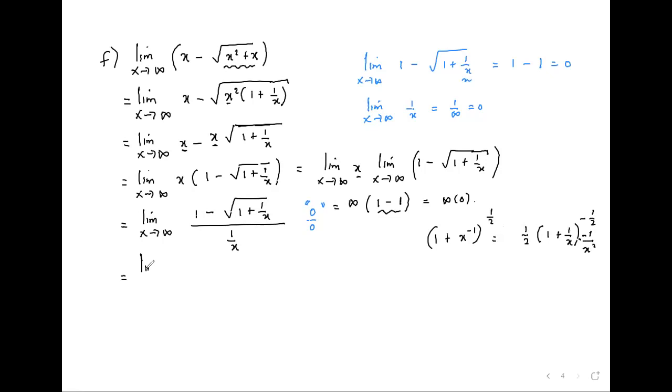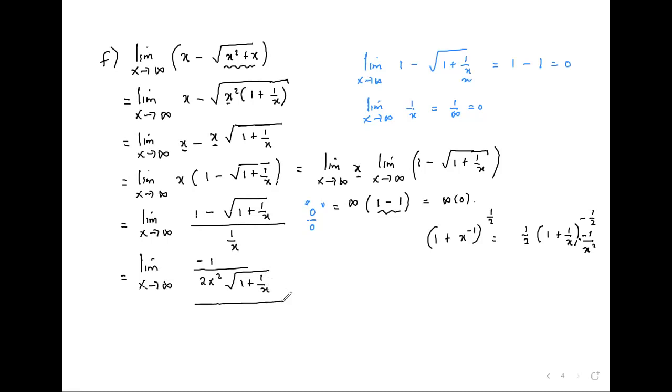So here we have the limit as x goes to infinity of negative 1 over 2x squared times the root of 1 plus 1 over x, since it's a negative root.